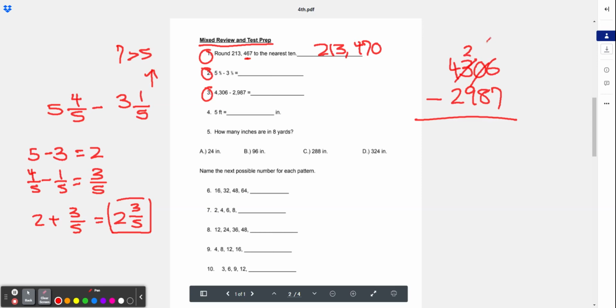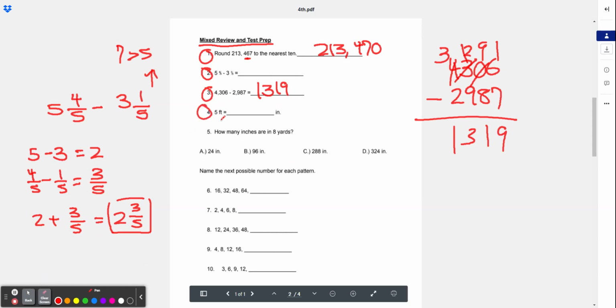That turns 0 into 9, and we get 16. 16 minus 7 is 9. 9 minus 8 is 1. We can't subtract 9 from 2, so we're going to borrow. Once again, that becomes 12. 12 minus 9 is 3. 3 minus 2 is 1. So our answer is 1,319.